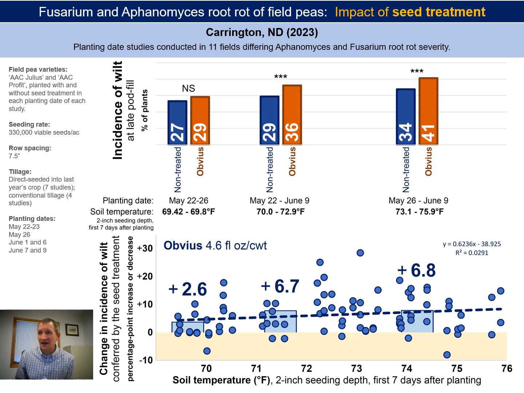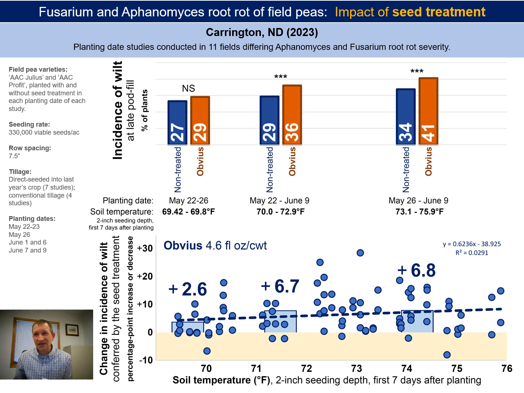But under these very warm soils, and this is the only time we've had a chance to test this because it's very rare even under conventional till to get these types of soil temperatures within the range of dates that we'd even remotely consider planting peas, within the range of these soil temperatures, what we saw is an increase in wilt associated with the fungicide seed treatment.